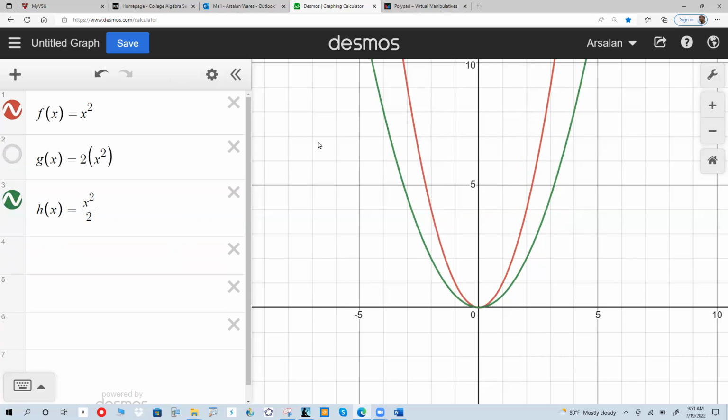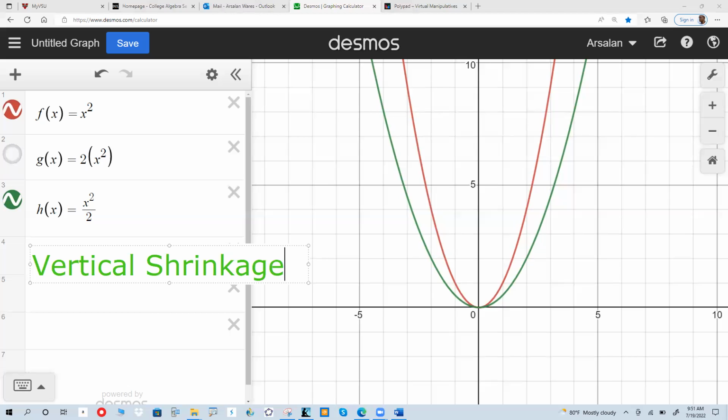It just seems like it's called shrinkage. I'm going to call it vertical shrink, vertical shrinkage. It doesn't matter, we'll see whatever your book uses. Vertical shrink, I think that's all they use. But let's just write vertical shrink.